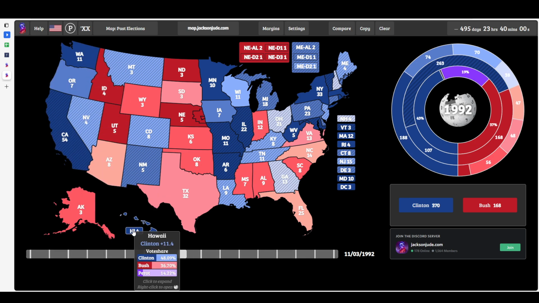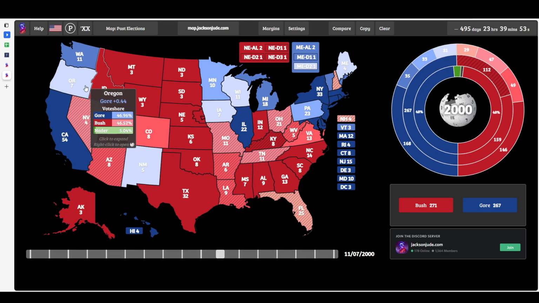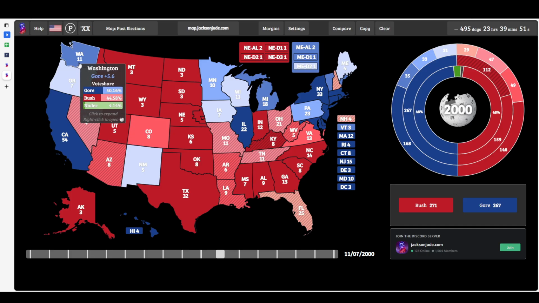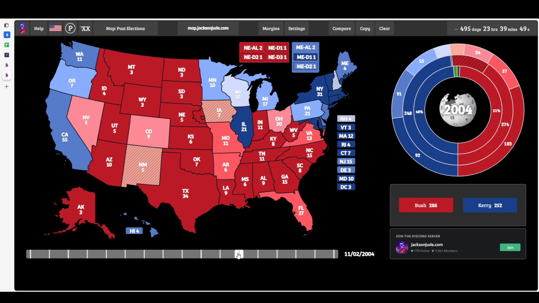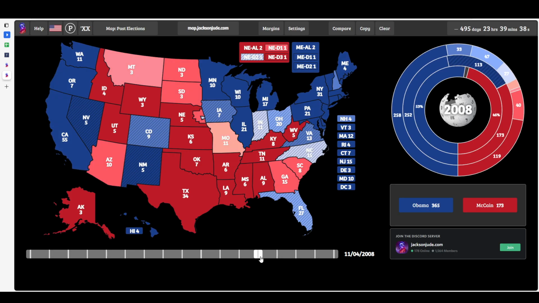But the Pacific Blue Wall also includes Hawaii, and all four of those states have consistently voted blue, not by much. Gore only won Oregon by 0.44, Washington by 5.6. In 2004, Kerry only won Oregon by 4.2, and California by 9.9. But only Hawaii by 8.7. But then once we got to the Obama years, we have a very strong and secure blue wall.